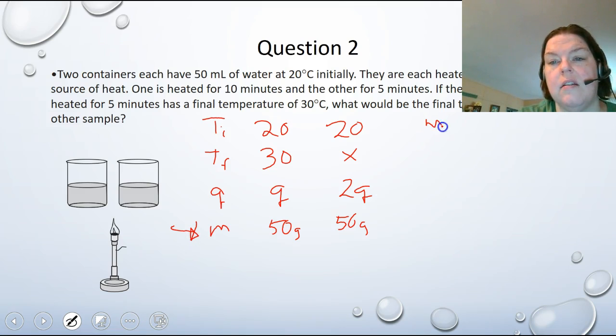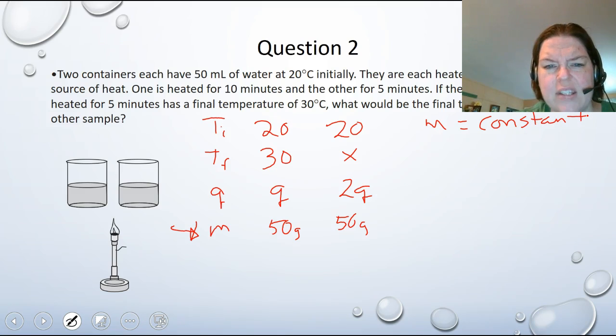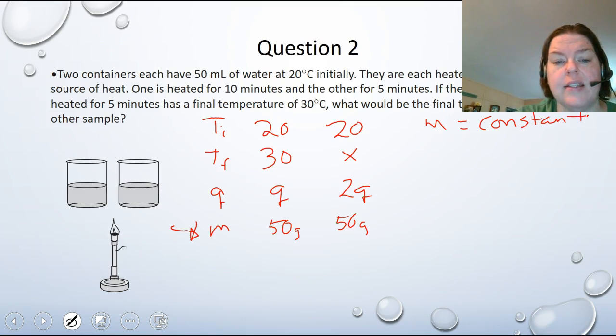So mass is constant. Okay? So let's go back to our change in temperature and see what we've got going on. The change in temperature for the first beaker that we know the final temperature for was 30 minus 20, so that gives me a change of 10.